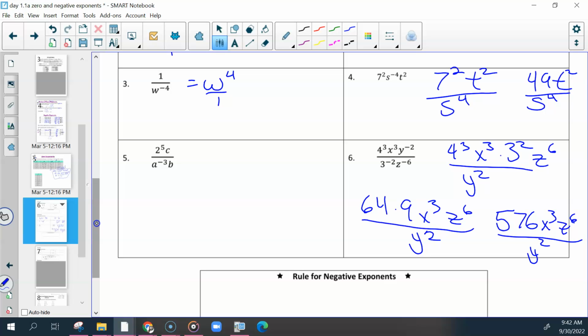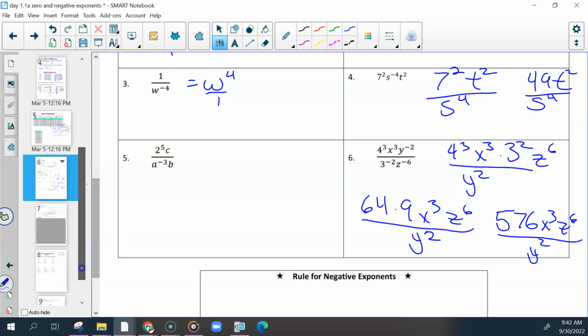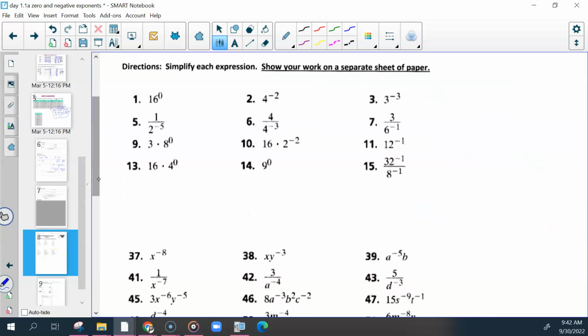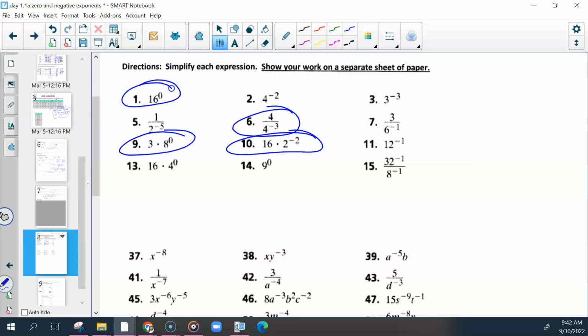Okay. I'm going to pick a couple practice problems that I want you to try. On the next page, I think it's the next page. I'm going to pick a lot more than usual because you could do these relatively quickly. 1, 6, 9, 10, 15.